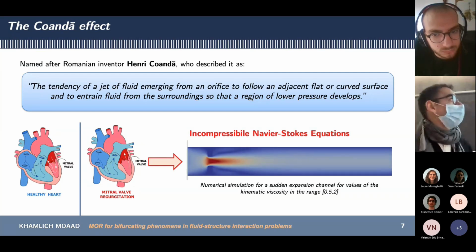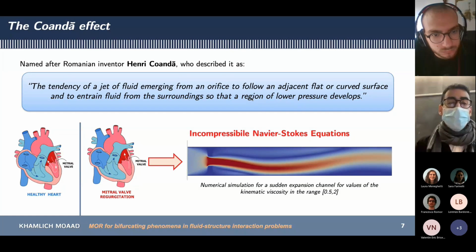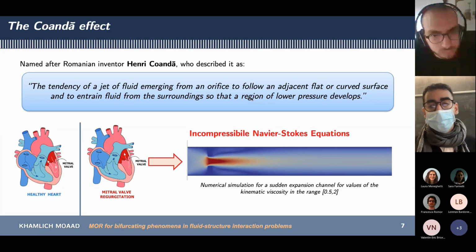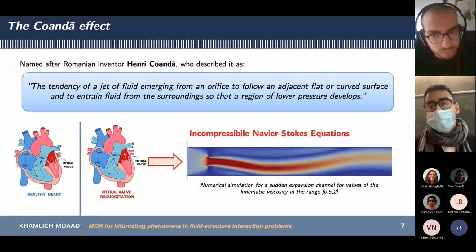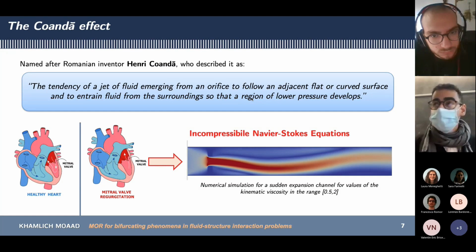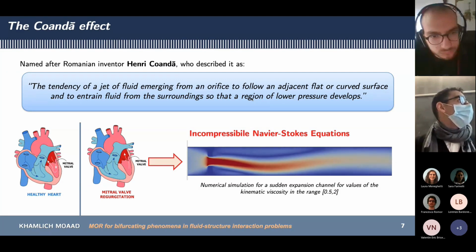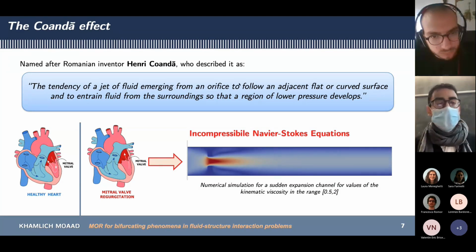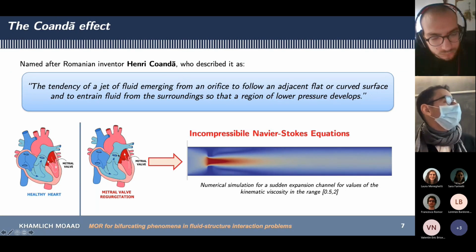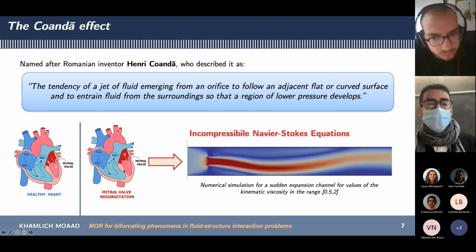Moreover, another reason is that this geometry can be considered as an extremely simplified setting for studying a disease known as mitral valve regurgitation, which basically happens when, due to the defective closure of the mitral valve, the blood flows abnormally from the left ventricle to the left atrium.